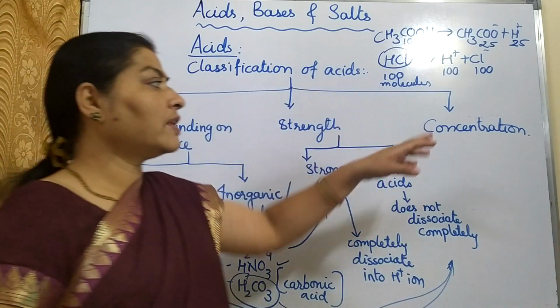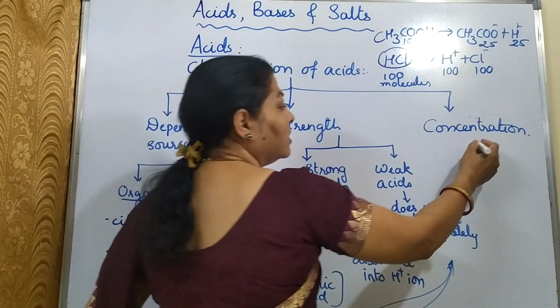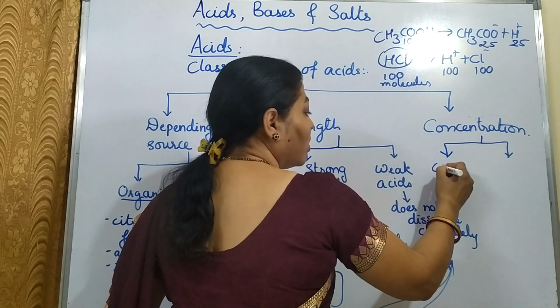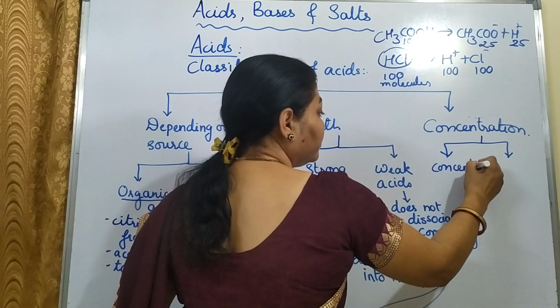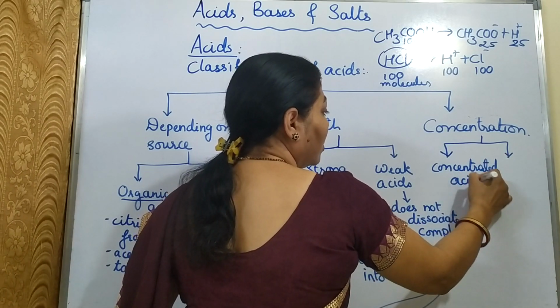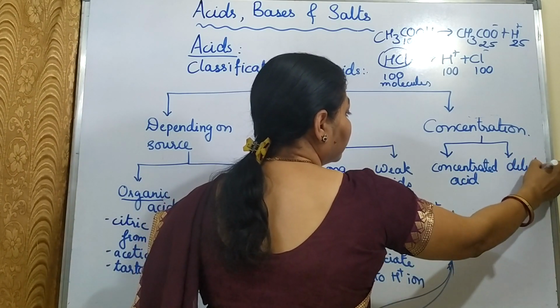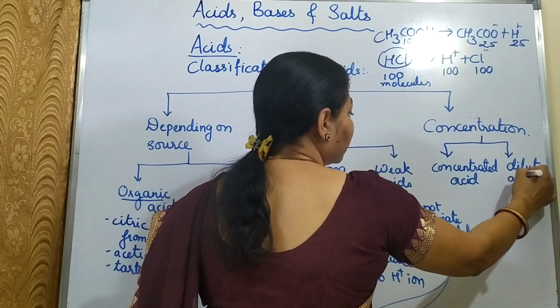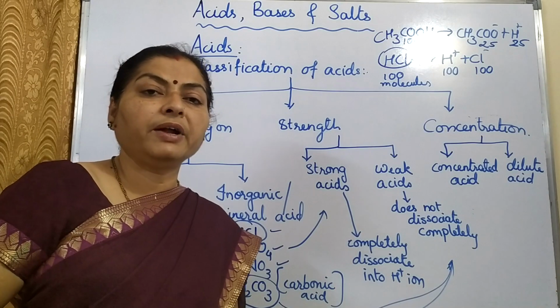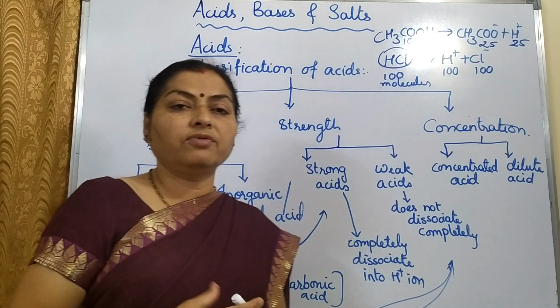Then the third type of classification is depending on the concentration. So depending on the concentration, that can be concentrated acid or dilute acid. Concentrated acid means when the acid solution is prepared by using minimum quantity of water.